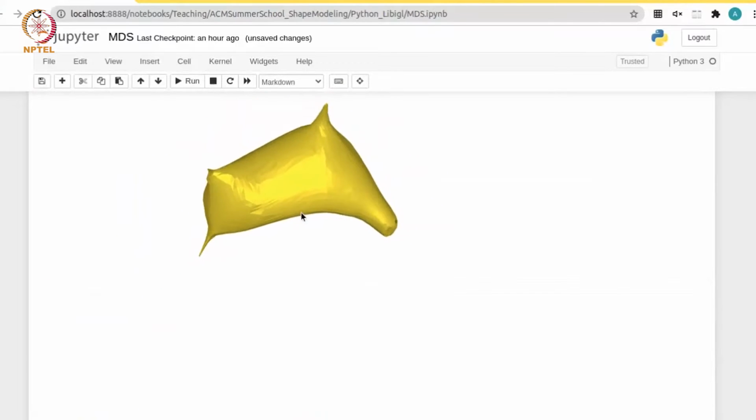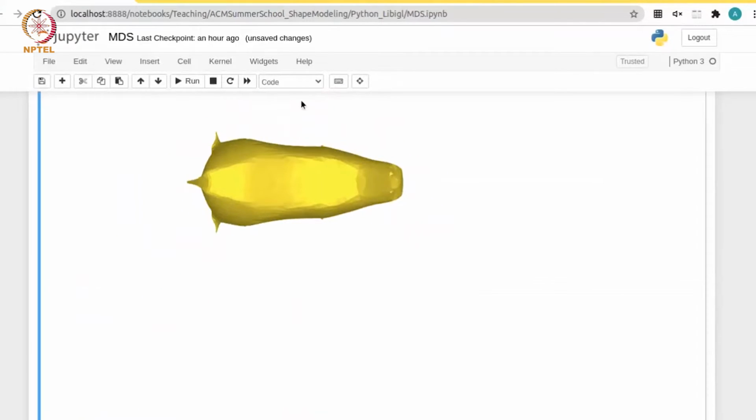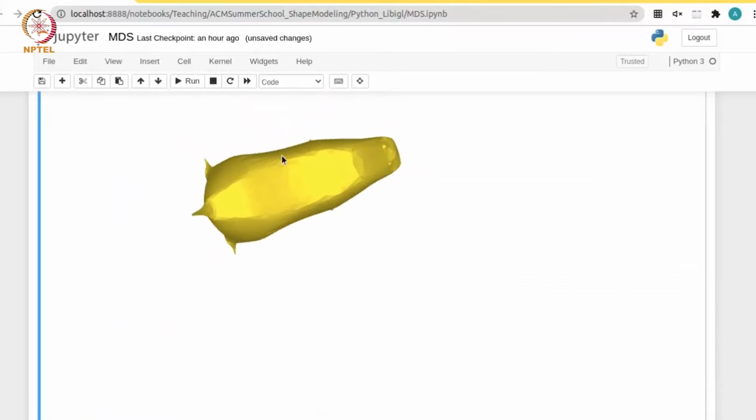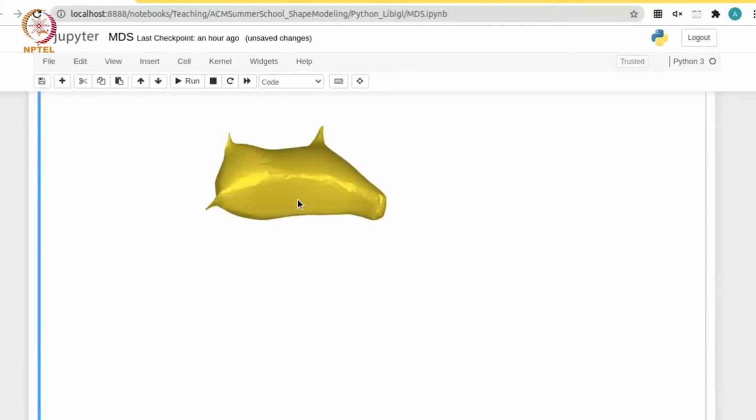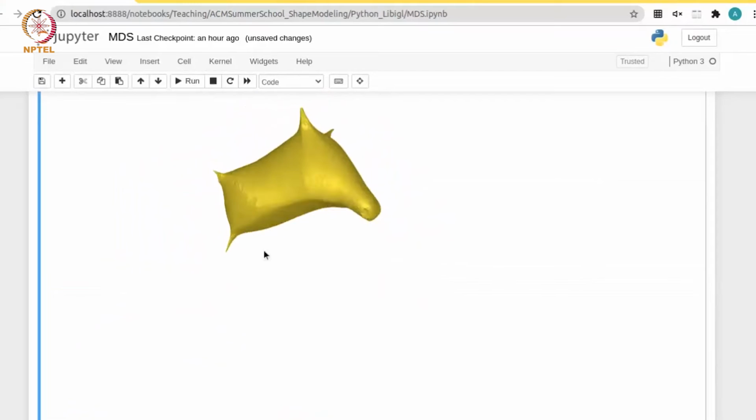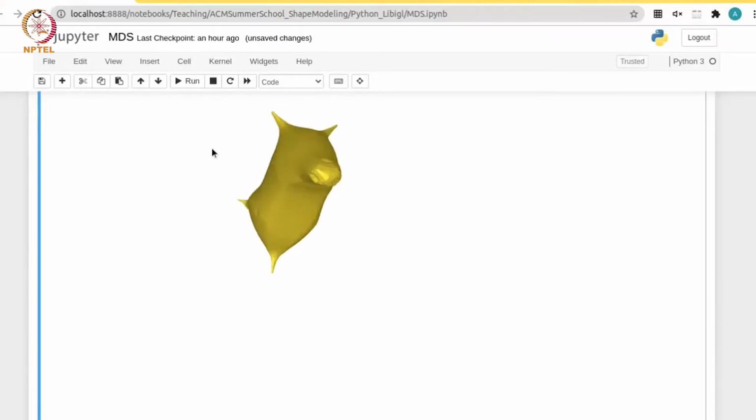You can still roughly recognize the cat shape. Of course, not per se, but you sort of see that these were the legs, this is the tail, and you can still roughly spot the eyes here.